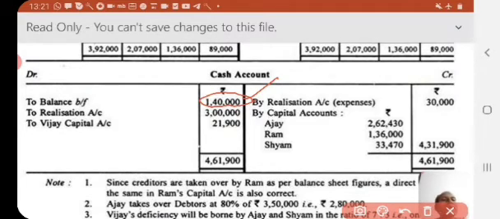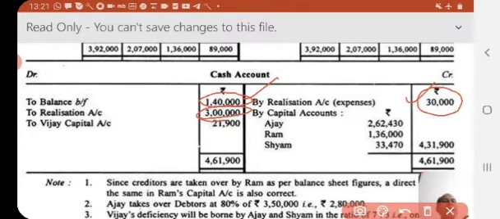Now expenses of realization account, 30,000, are paid, as it is recorded in the realization account. And this 3 lakhs, how was this amount received? What is the source for this 3 lakhs?